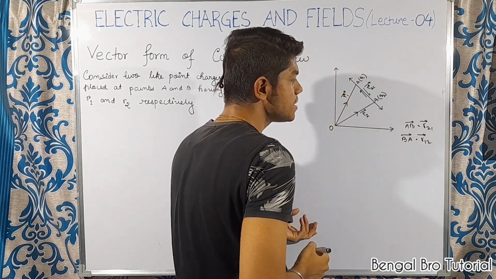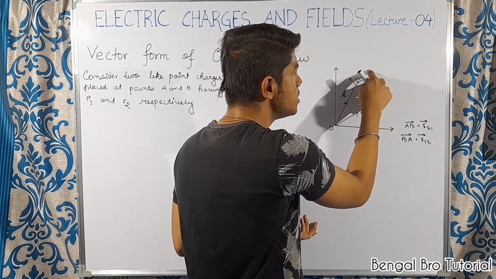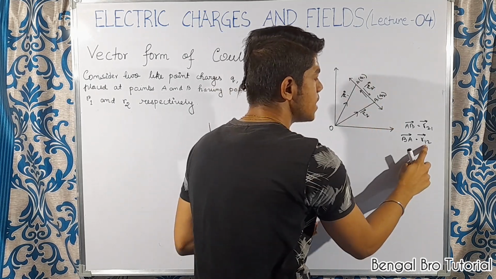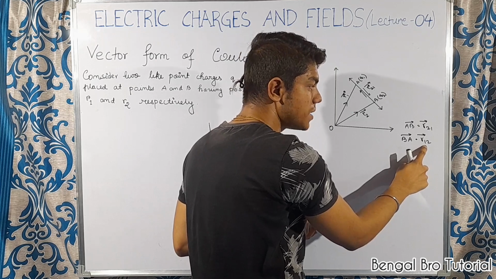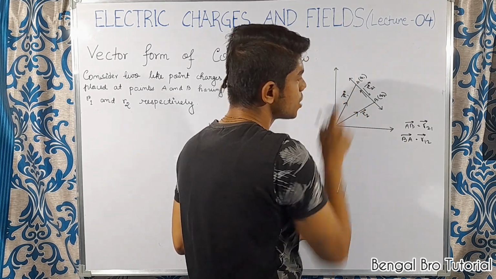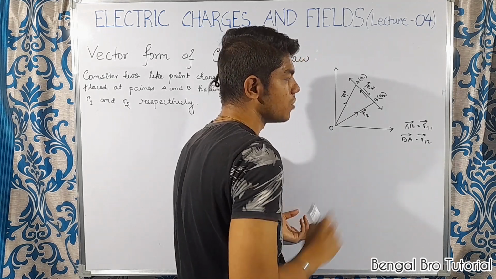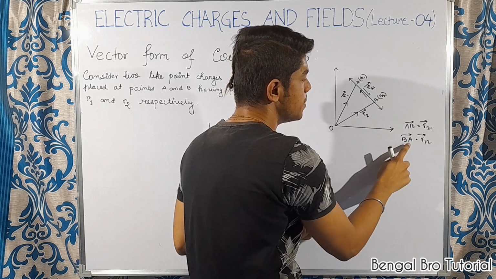Means BA vector is the vector which is starting from charge q2 and ending in charge q1. First digit is representing the end point of the vector, A, q1 charge, and second digit is representing the starting point of the vector, which is B, q2.